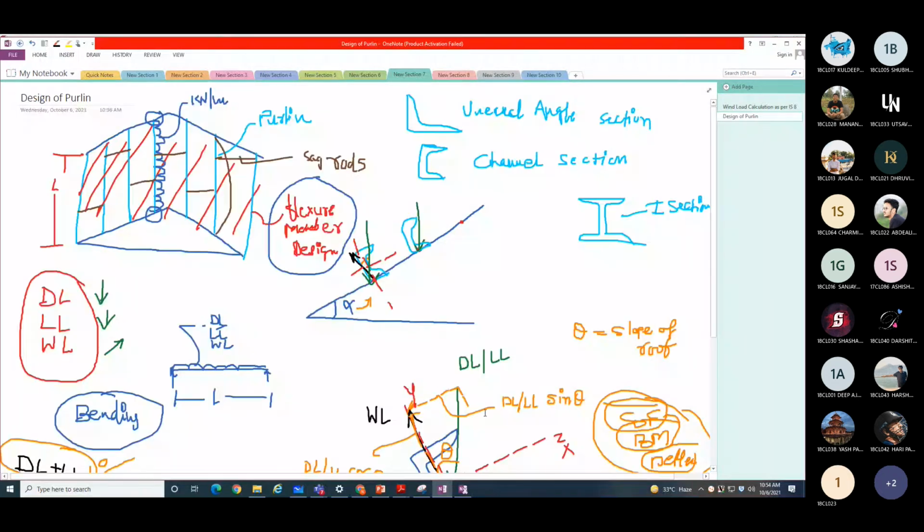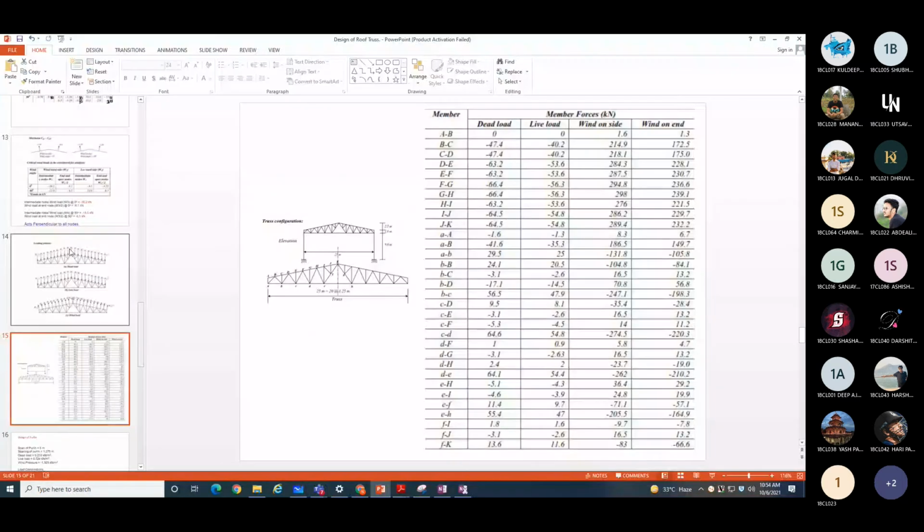Right. So this way we will do the design of purlin. Now here, see, these are the member forces I have in each and every member. Right. AB member में dead load, live load is 0, wind load 1.6, wind load end, on side and end means end panel and intermediate. Right.